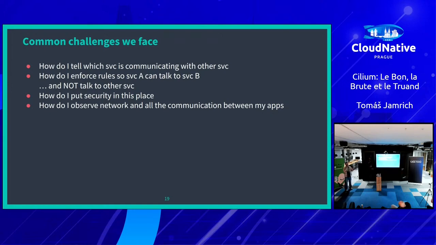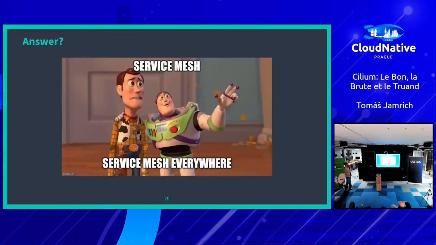And how do I even put security into this place? How do I observe it? Do you know what we can use for that? Yeah, a service mesh. That's the answer.